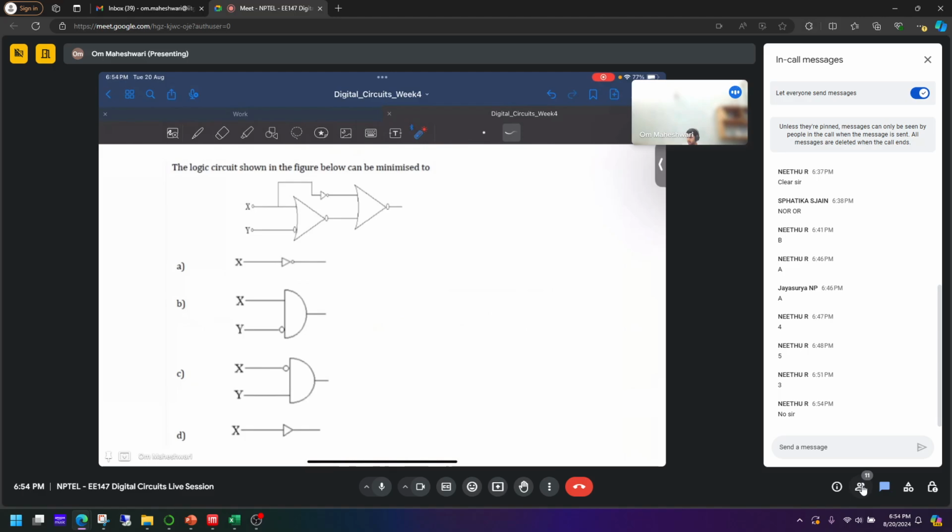The logic circuit shown in the figure below can be minimized to. Please attempt this.